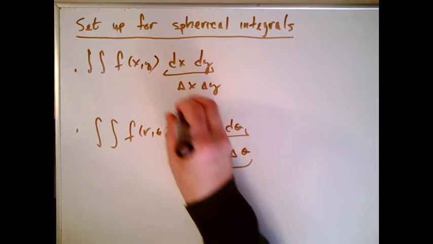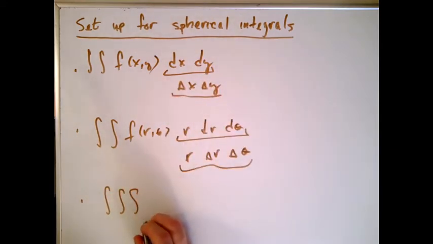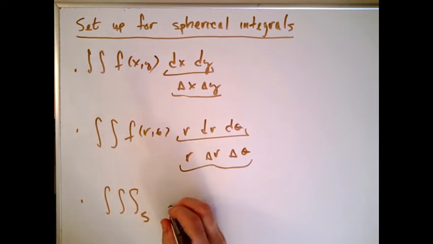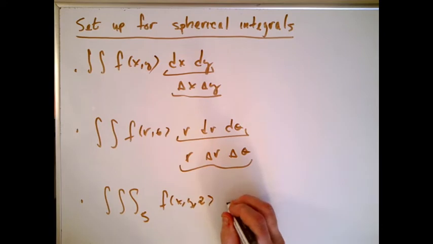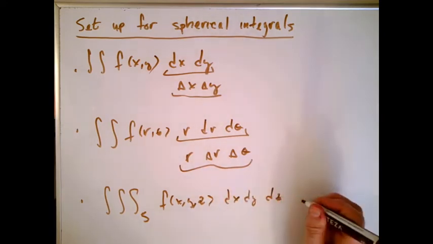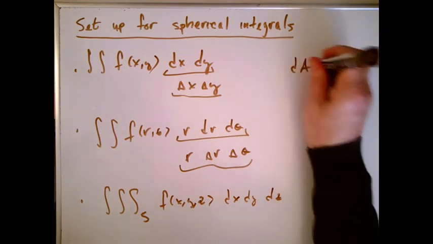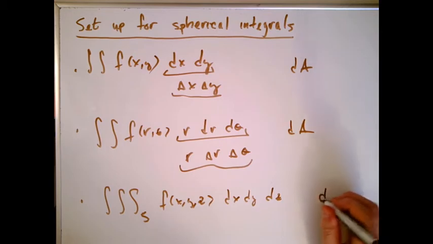This is the hard part about setting up the integrals. When we did triple, when we had some sort of solid, usually you have some sort of function of 3 variables, and there we had something like dx, dy, dz. And by the way, remember here, we could also call that dA. This one here, they'll usually call dV if they call it anything.